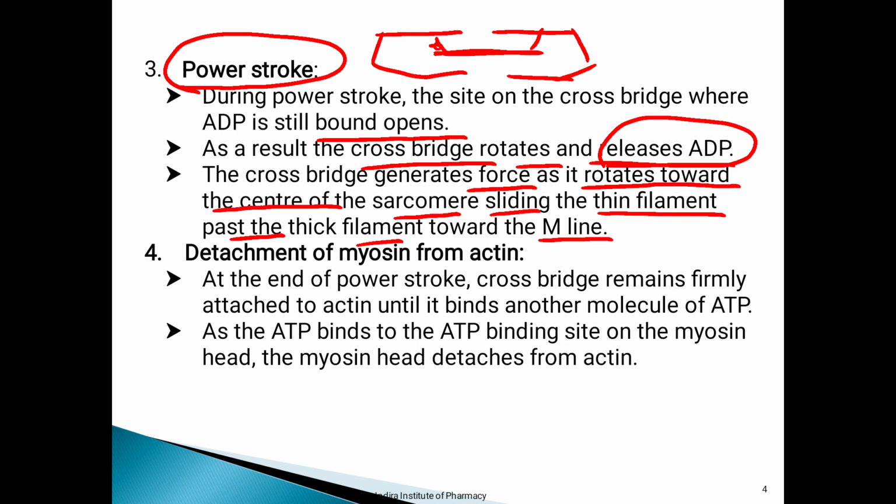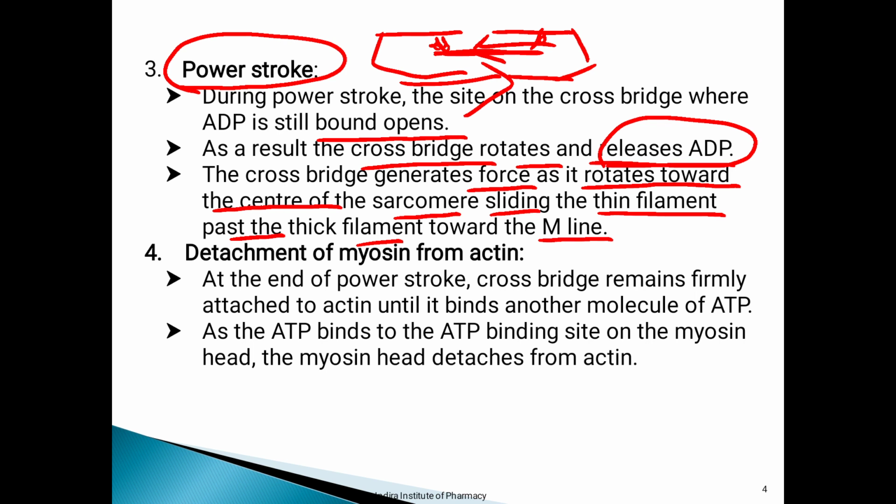These myosin heads are bringing this actin filament towards this side, and these heads of myosin, which are bound to this actin, are bringing the actin filament towards this side. They are moving towards this side.